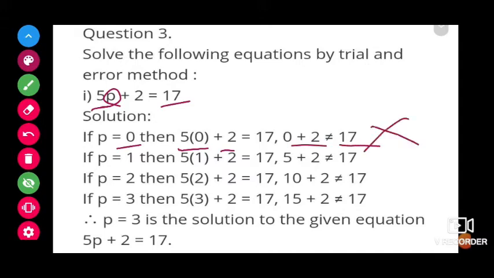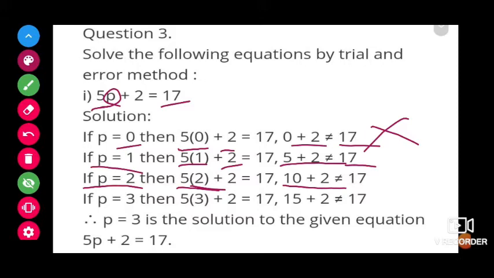So it's not satisfying. Now, go for p equals 1. 5 into 1, 5 plus 2, we get 7. Again, 7 is not equal to 17. Next, substitute p equals 2. 5 into 2, 10 plus 2, we get 12.